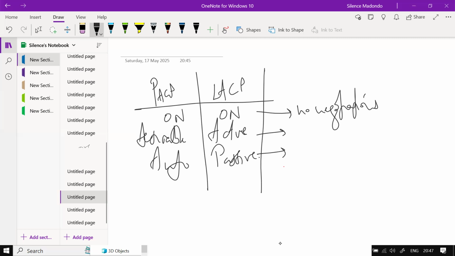Both of them have negotiations and packets being exchanged. But what's the difference between them? Auto doesn't initiate the negotiation. Active and desirable initiate negotiation, so this one has no initiation.